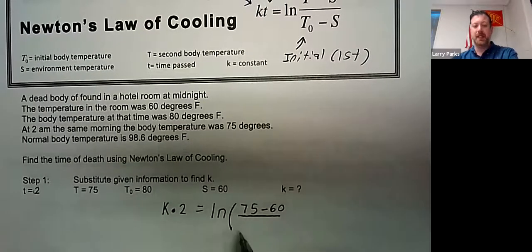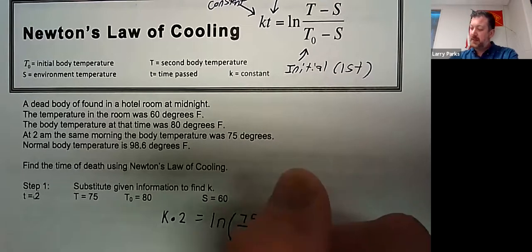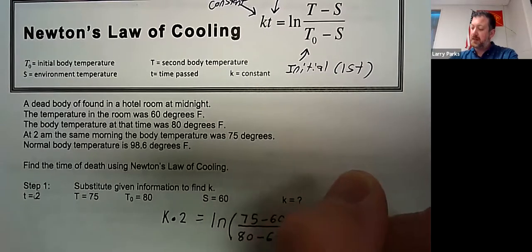And then T sub 0, that's what it was initially. Initially it was 80 degrees, subtracted by room temperature.